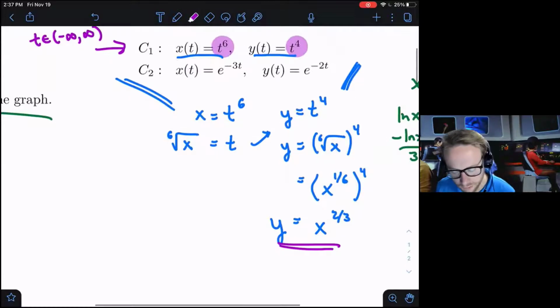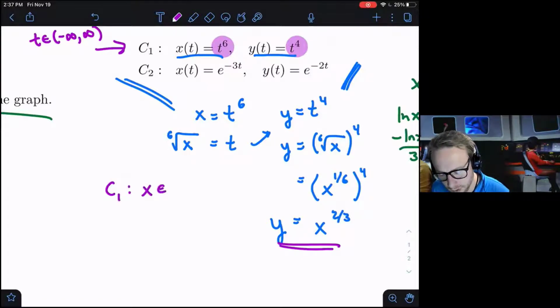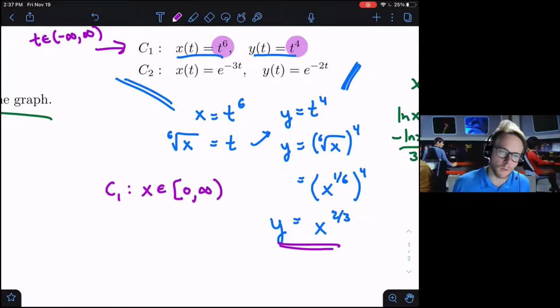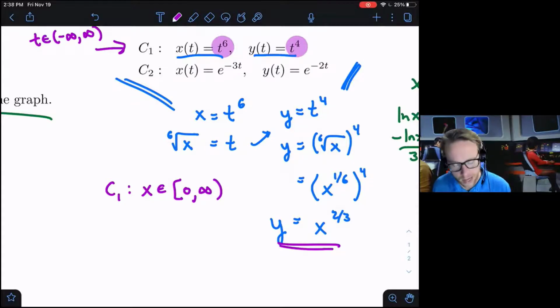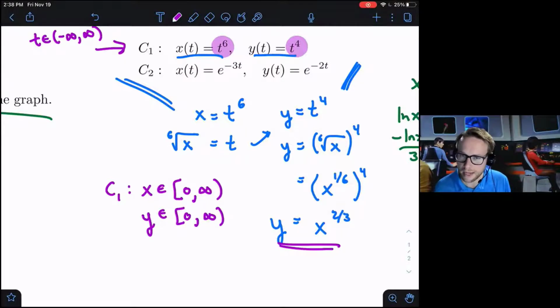And so, for instance, for C1, I know that x ranges between 0 to infinity. No matter what I'm plugging in for t, very small things, very big things, because we're raising it to an even power, it's going to become positive, or worst case, if I plug in 0, we'll get 0. Likewise, for y, you're going to get 0 to infinity as well. Because again, if you plug in t equals 0, you do get out 0. Otherwise, because it's raised to an even power, it's going to be a positive number.